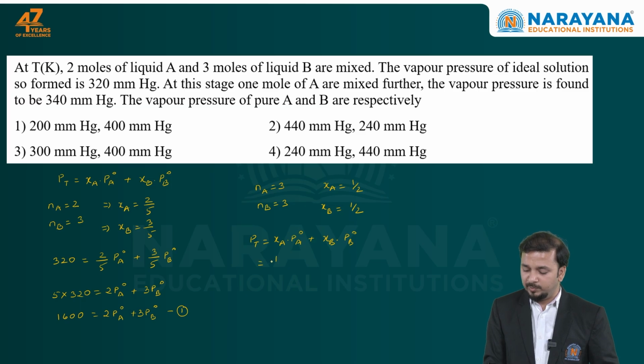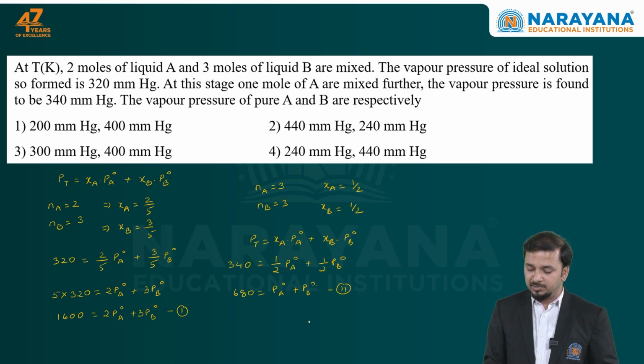If I substitute, total pressure is 340, equal to 1 by 2 times Pa naught plus 1 by 2 times PB naught. So we get 680 is equal to Pa naught plus PB naught. So this is equation 2.